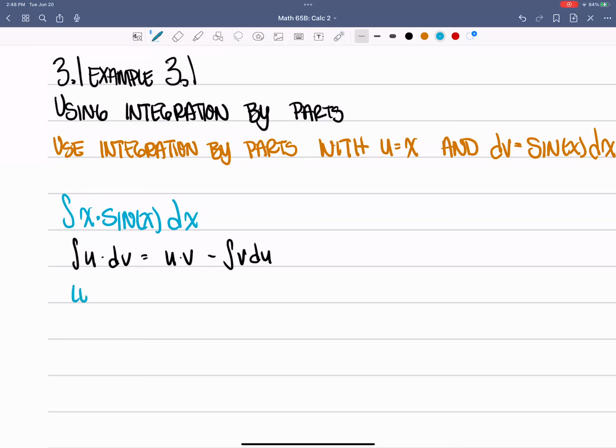In this case, we're going to let u equal x, and we're going to let dv equal sine x dx. Again, we let this part be something that we differentiate and everything else be something that we integrate. So here we take the derivative, du is equal to dx.